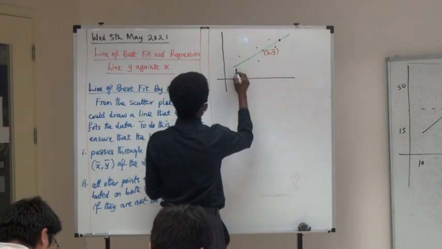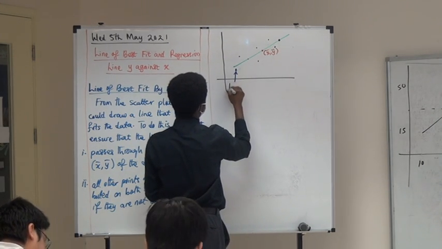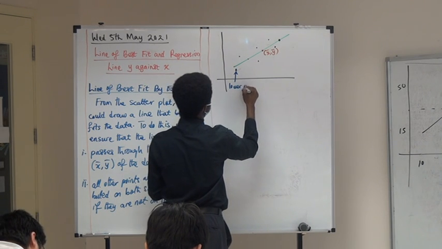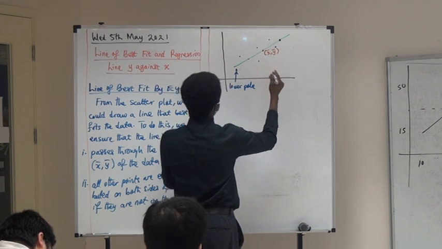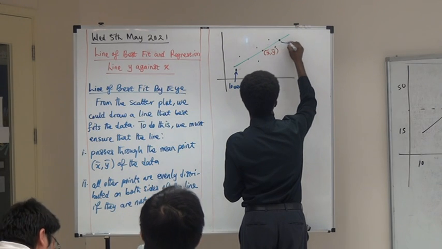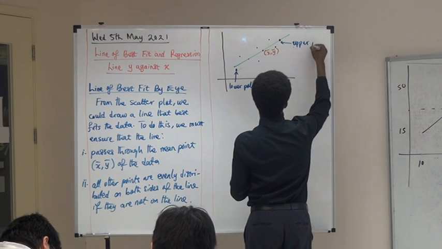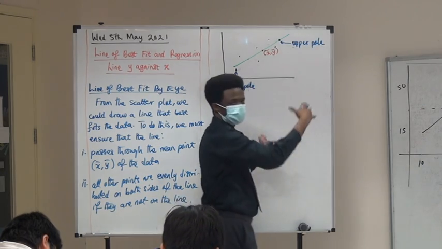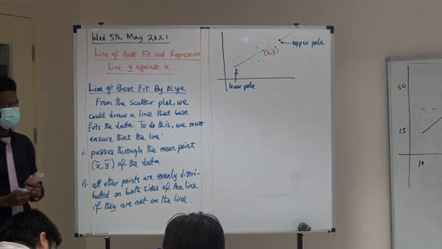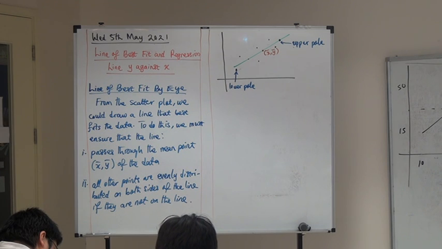This will be the lower pole of the data, because it's the first within that range. And this will be the upper pole of the data, because it's the biggest in the range. Okay.